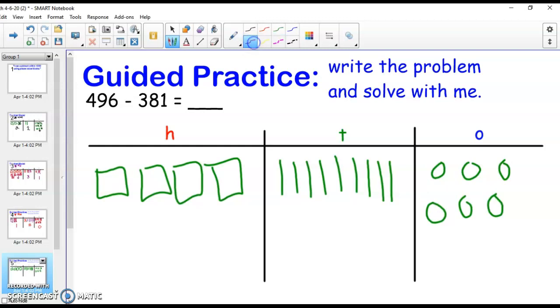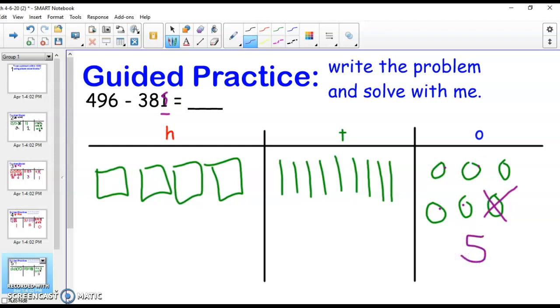Now we need to take away 3 hundreds, 8 tens, and 1 1. Let's go ahead and take away our 1 1 since we always start with our ones. And when we take that away, we are left with 5 ones.